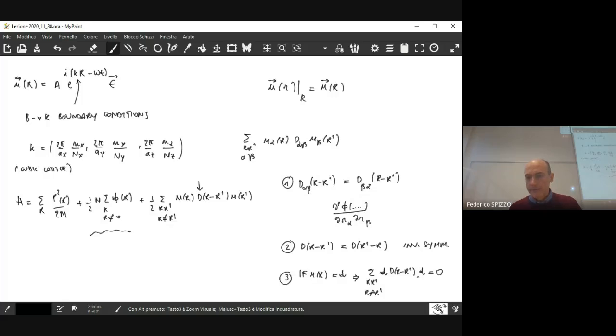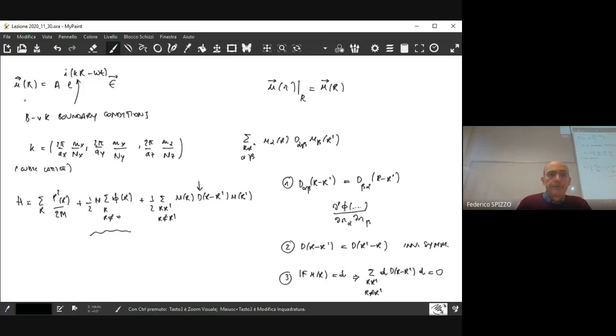So due to that, this summation is expected to be 0, or more in general, because D is a constant, also the summation over R and R prime of D of R minus R prime is expected to be 0. So in general, if you make a translation using a constant vector, then this summation should be equal to 0 because you have no dynamic contribution to the energy.